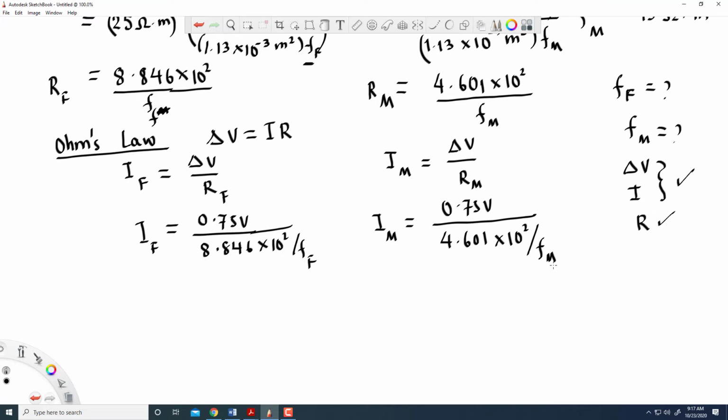So let's do the calculation, simplify that. So this gives me 0.75 divided by 8.846 times 10 to 2.